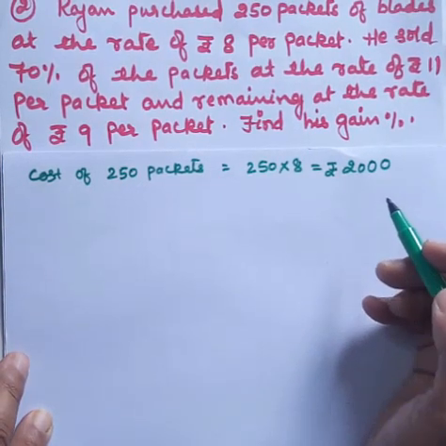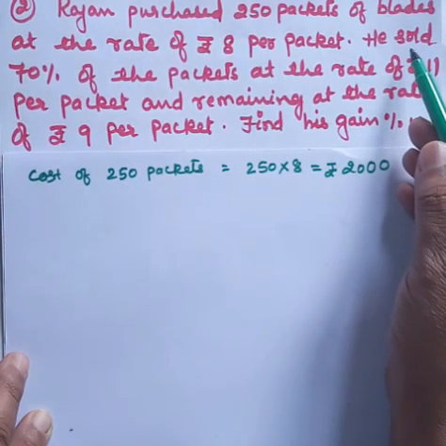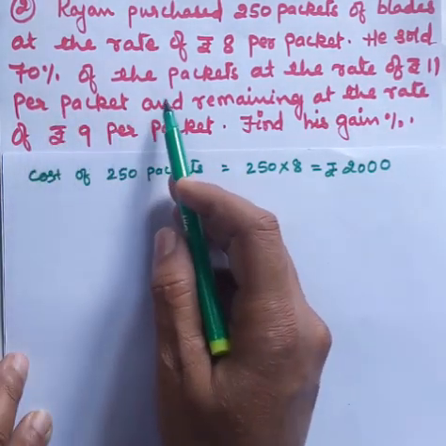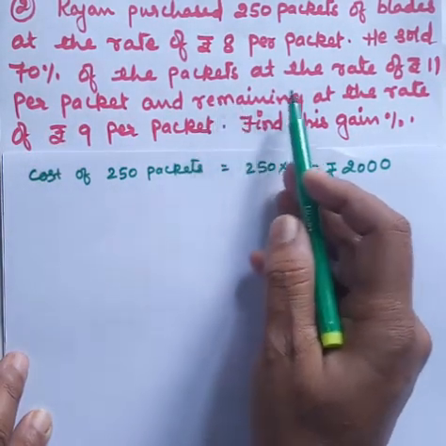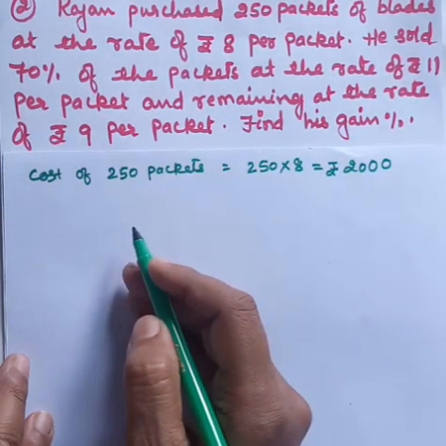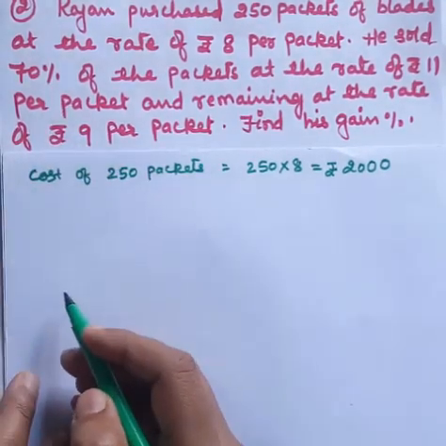Okay. Now he sold. Now from here SP is coming. He sold 70% of the packets at the rate of rupees 11 per packet. How many packets he has sold at the rate of 11? He has sold 70% of the packets.